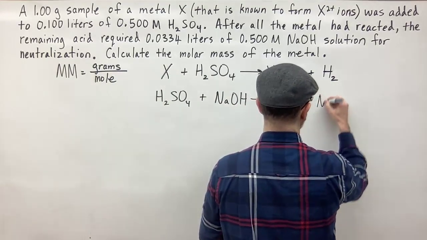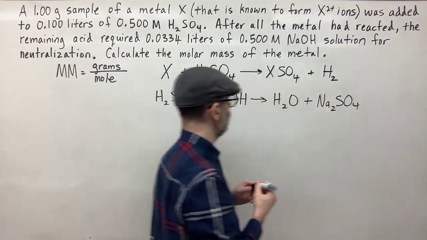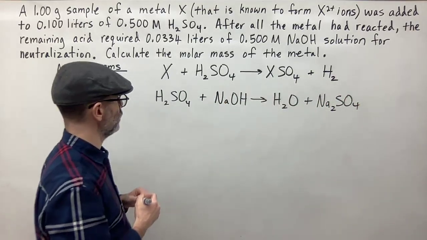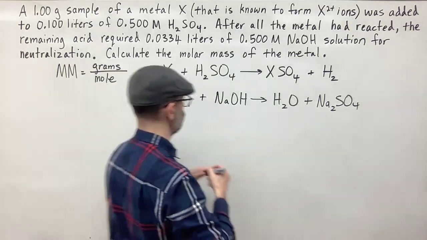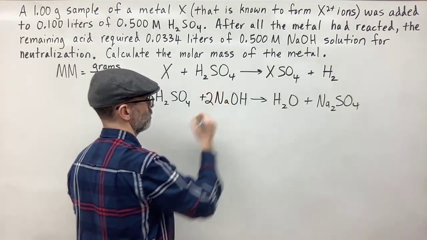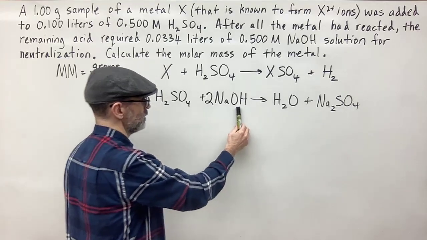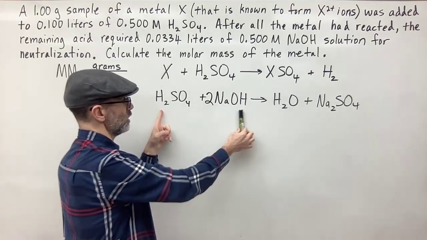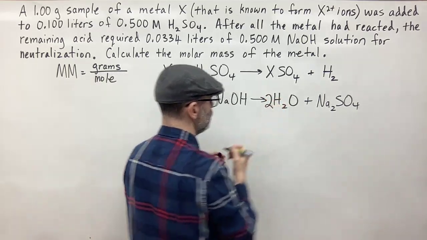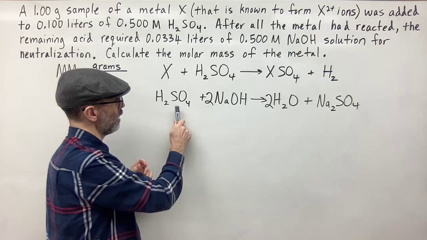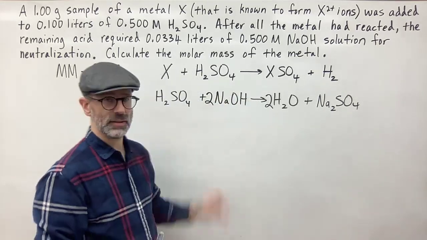So that's going to be Na2SO4. Let's make sure we balance the equation. We have 1 sodium and 2 sodium, so we should have a 2 here. We have 2 hydroxides and 2 hydrogens, which come together to form 2 waters, so we need a 2 there. And then we have 1 sulfate and 1 sulfate. So here's our balanced equation.